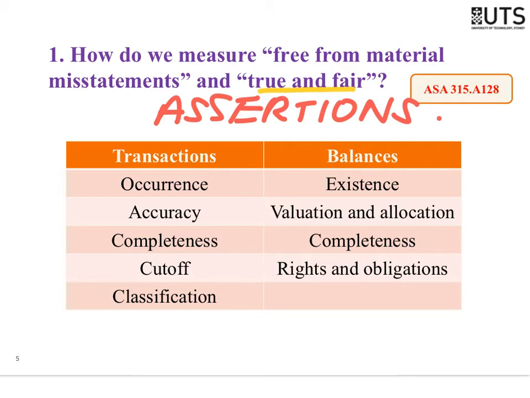Cut-off: has it been recorded in the correct accounting period? That's a time frame one. Rights and obligations: did the business have the right to record the assets, or the obligation to record the liability? Often this one does come back to contracts and things like that. Classification: is it recorded in the right account?